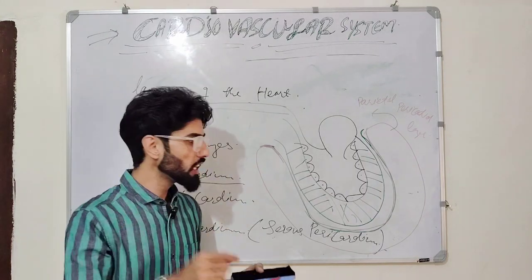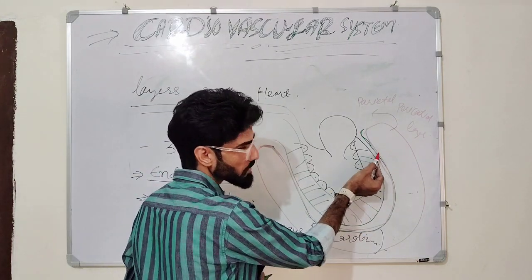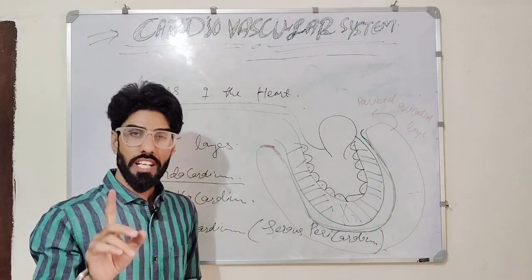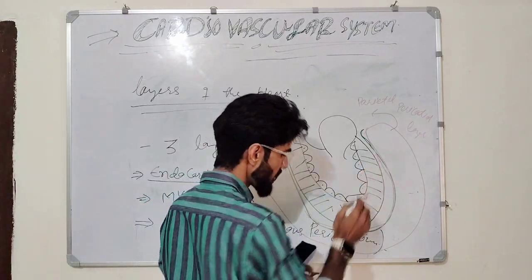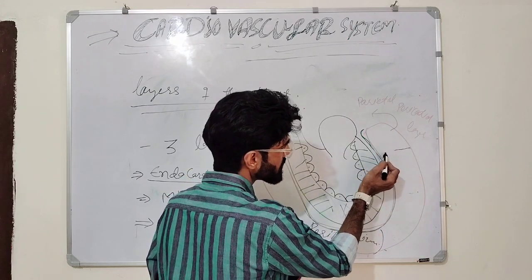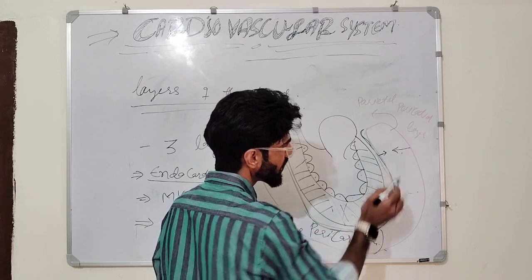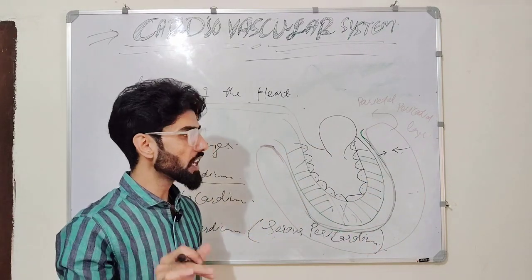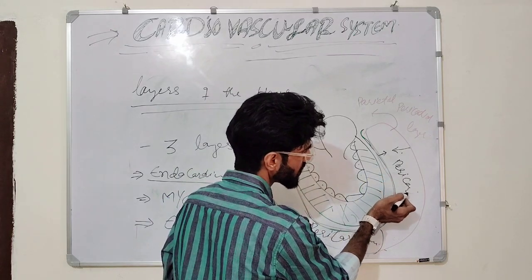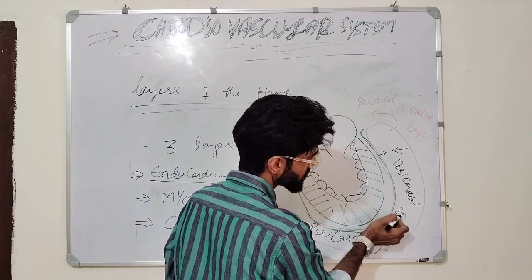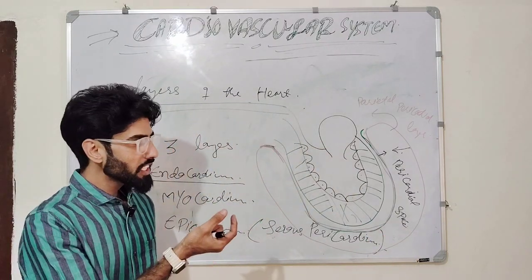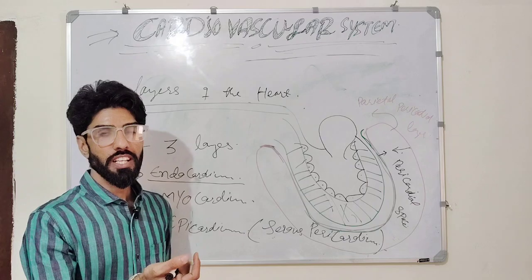The space in between the serous pericardial layer and the parietal pericardial layer is called the pericardial space. In this space there is a fluid.